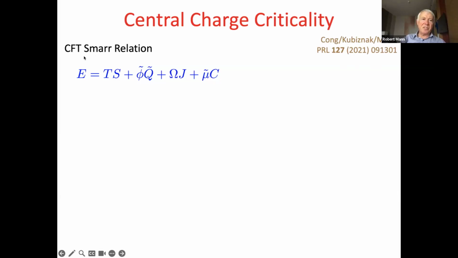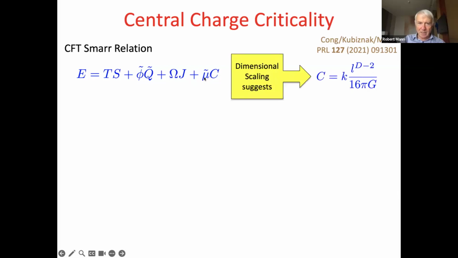So we start with the Smarr relation in the conformal field theory, which says the energy of the theory is the temperature times its entropy plus, if there's charge in the CFT, the charge times its conjugate potential, and angular momentum times the conjugate angular velocity, and the central charge of the CFT times its conjugate variable mu, a chemical potential, if you like.